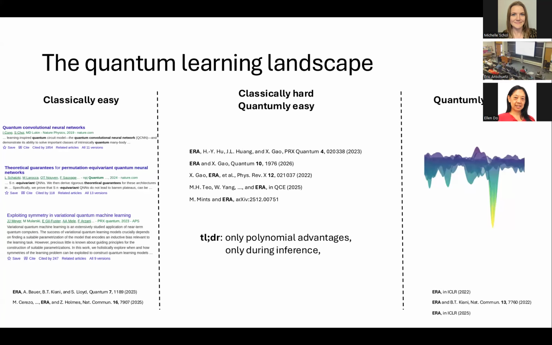And we should only expect these advantages during inference. So in other words, after we've trained the model and deployed it on our server or whatever. And then finally, even then, you need some special structural properties to show any kinds of quantum-classical separations.